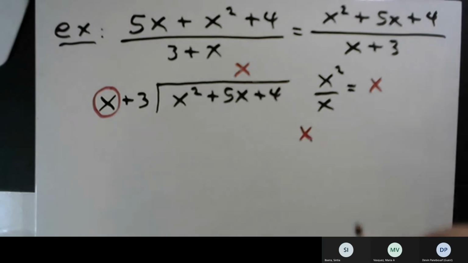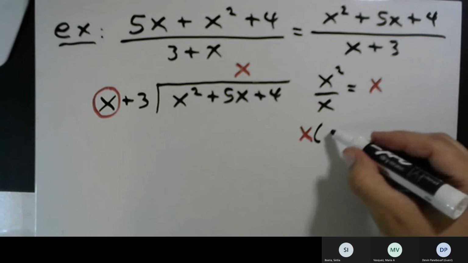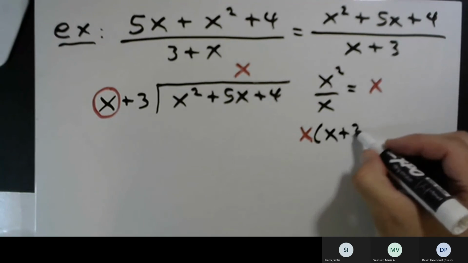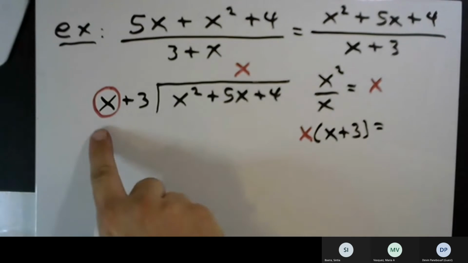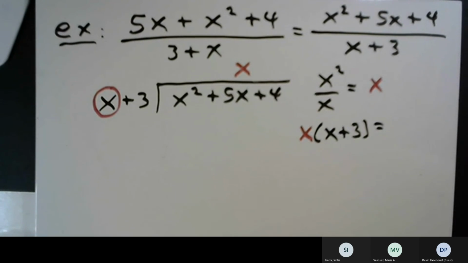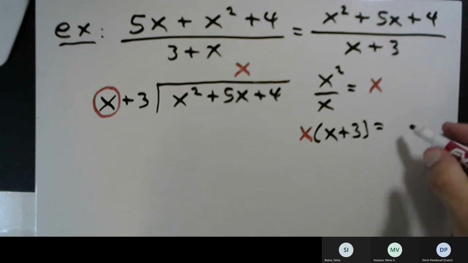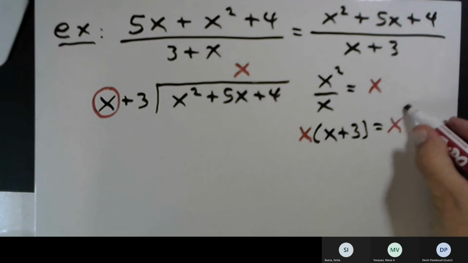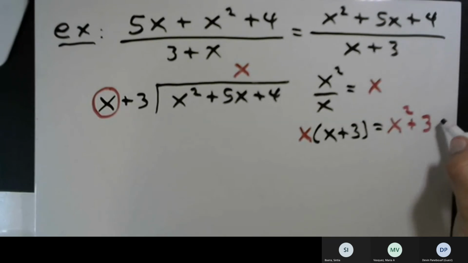Next, we take that answer and we multiply it to the divisor, the entire divisor, not just the first term, the whole thing. And that's going to give us x squared plus 3x.